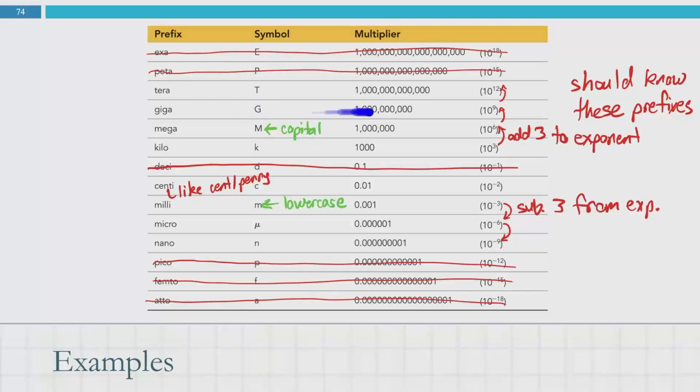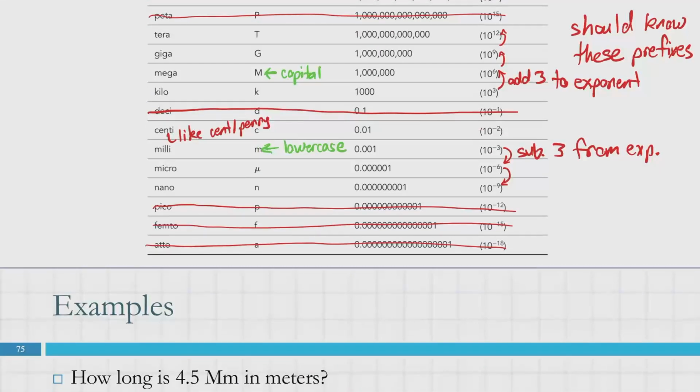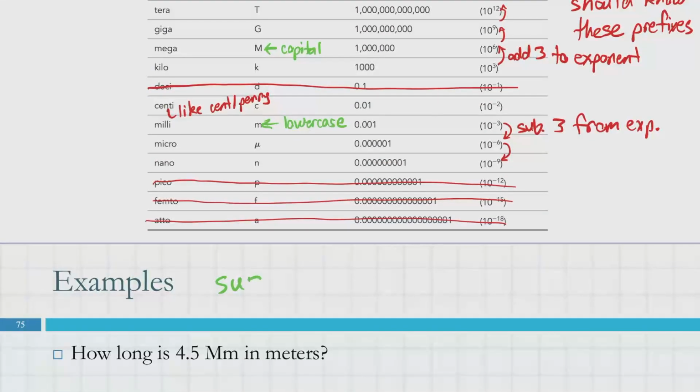So giga is equal to 1 billion. Mega is equal to 1 million. Kilo is equal to 1,000. So anywhere you see one of those, you can substitute in the number for the prefix.